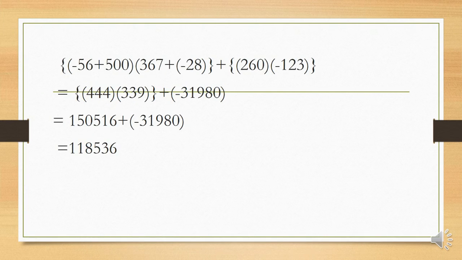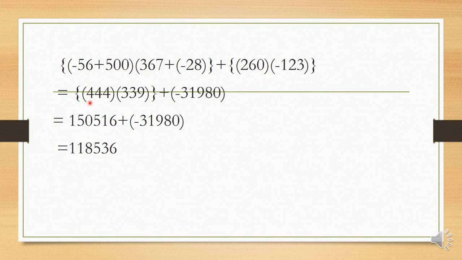Another is quantity negative 56 plus 500 times quantity 367 plus negative 28 plus quantity 260 times negative 123. So, negative 56 plus positive 500 equals positive 444, times positive 36 plus negative 28 equals 339, plus positive 260 times negative 123 equals negative 31,980.